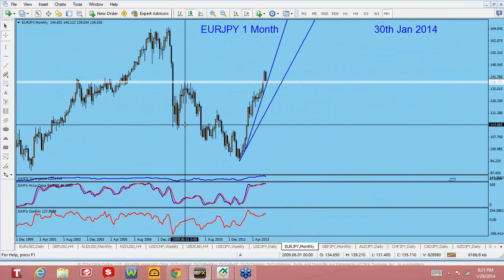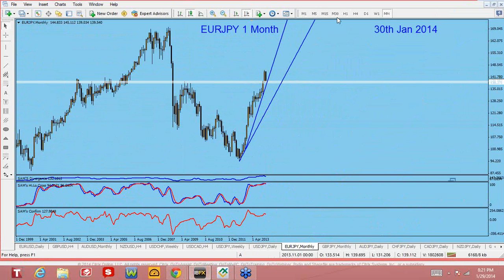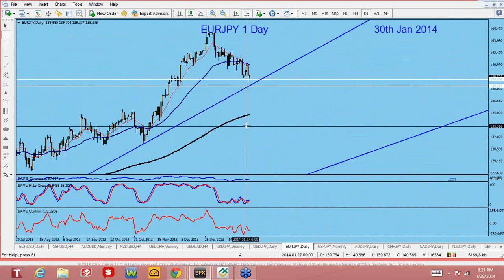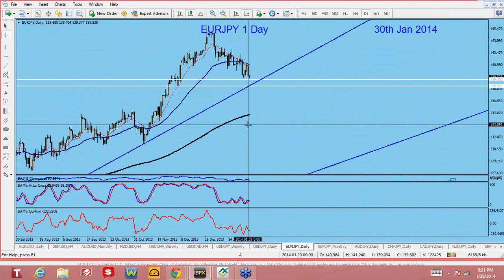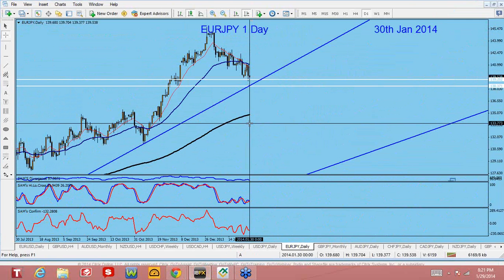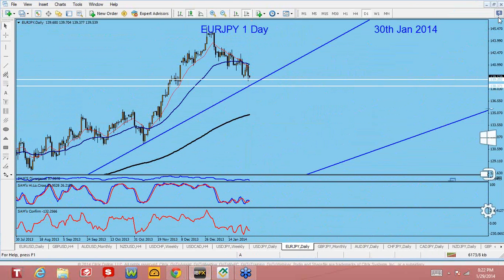You see this one was 139.21, and yesterday this thing made a low of 139.03, and now it is at 139.54. So 139.21 is the line, this white line. It is a key level, and we need to be above it.